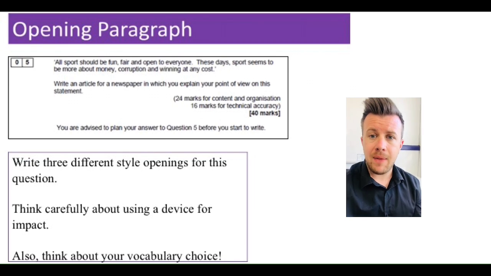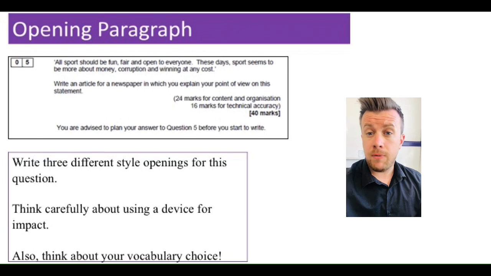Think carefully about how that device is going to impact your reader. I also want you to think about your vocabulary choice as well, and to make sure that it is grammatically correct. If you can maybe get somebody at home to check over it as well. Once you've written out your 3 different style openings, I want you to decide on which one you think is the most effective opening at grabbing your reader's attention, and explain why.